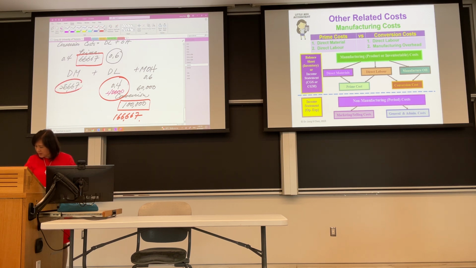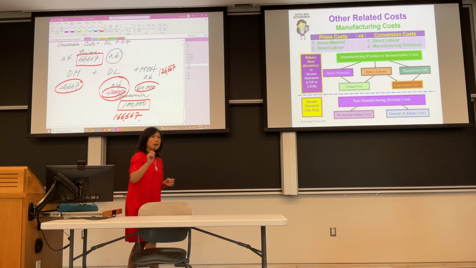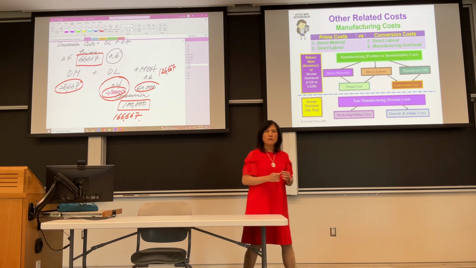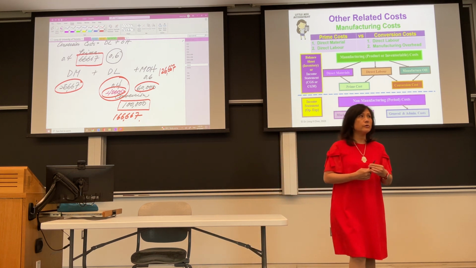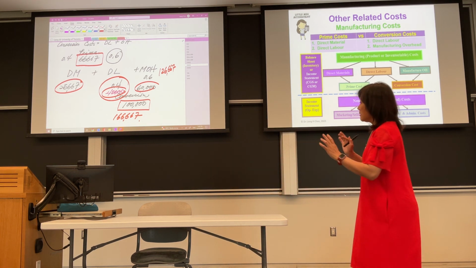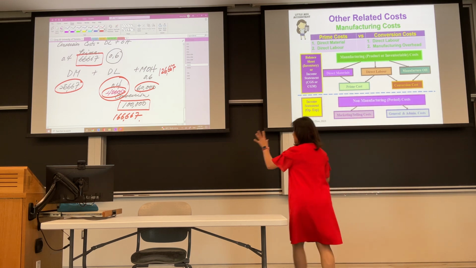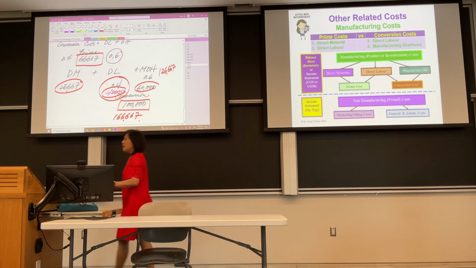So it's this one plus this one plus this one, which is 126,667. You don't count the labor twice. Okay, so this is the type of question I will ask you in the midterm exam. Absorb this a little bit, okay? Take a picture of this if you need to.